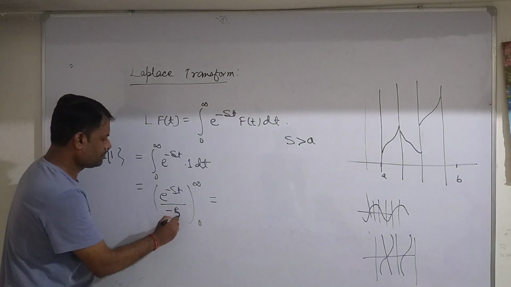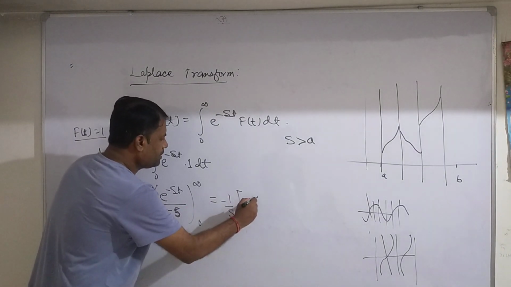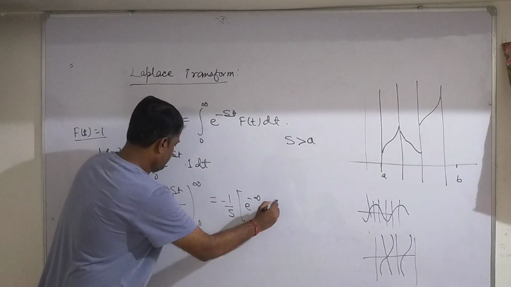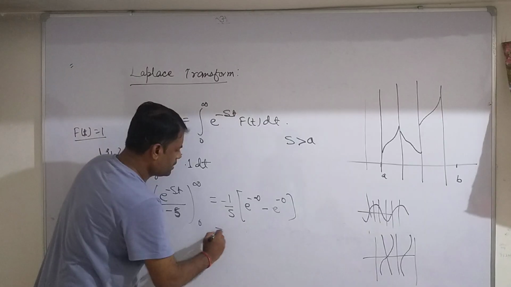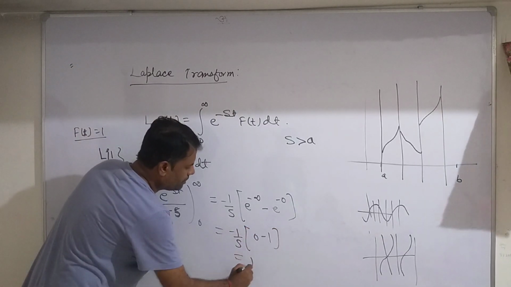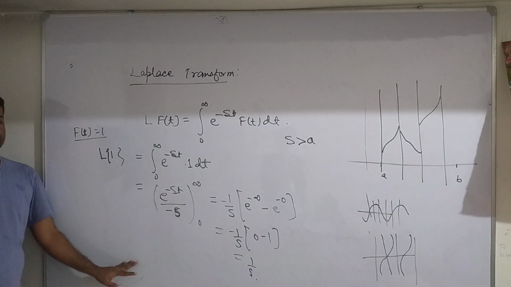So this is minus 1 by s, and when we put the limit, we will get e to the power minus 0. So this is minus 1 by s times (0 minus 1), so that is 1 by s. So the Laplace of 1 is 1 by s.